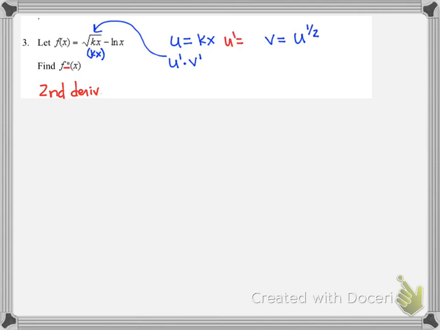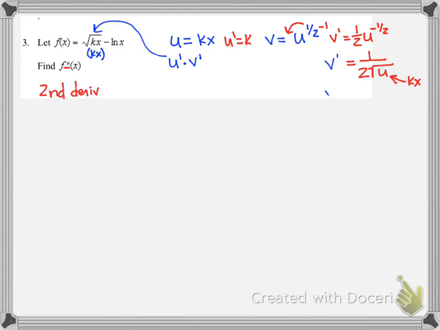U prime will just be k, and here v prime will equal 1/2, bringing that power down, u, and when I subtract 1, I'm going to get negative 1/2. It's going to also look like 1 over 2 u to the positive 1/2, or just square root of u. Remembering that u was really kx.